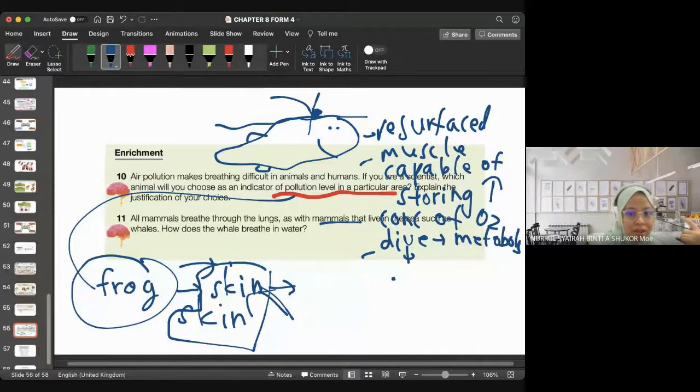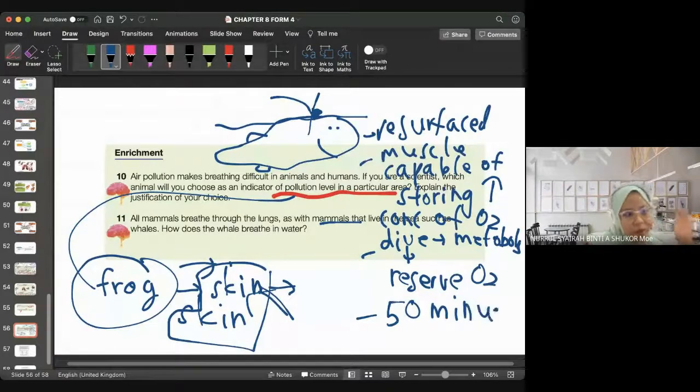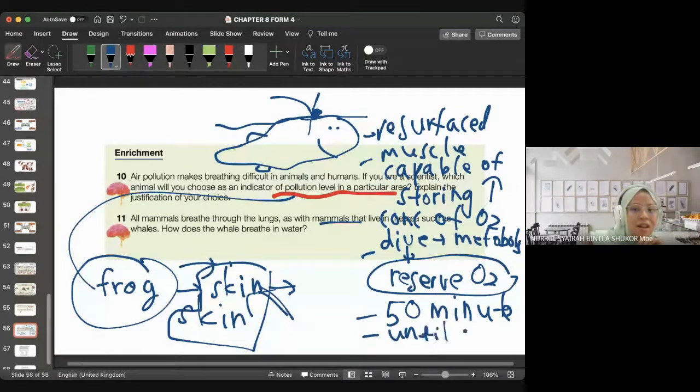Alright, so how long can they hold? This has no marks, but usually they can hold for 50 minutes when diving. Right, 50 minutes dive. So that's how they conserve oxygen. Finally, until it resurfaces again.